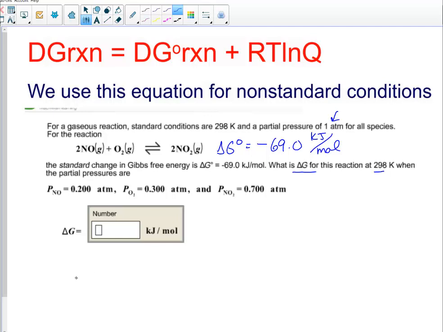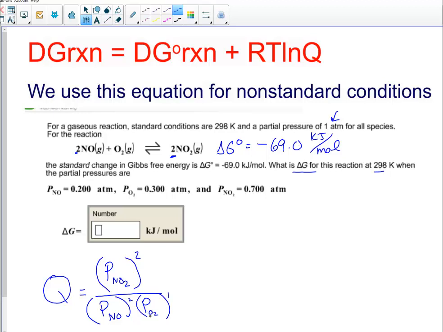Alrighty. So we have to begin by figuring out Q, the reaction quotient. And Q is going to be measured in partial pressures of products over reactants. The product of nitrogen dioxide's partial pressure squared from its coefficient, set over the partial pressure of the first reactant, NO, squared from its coefficient, times the partial pressure of molecular oxygen, and it's just going to be to the first power since its coefficient is a 1.